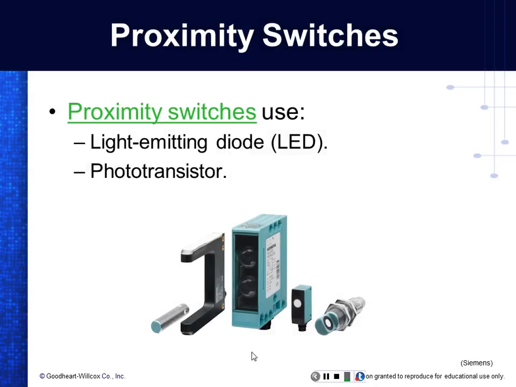Okay, proximity switches actually are going to use light. They use LEDs and photo transmitters, so you're trying to see if something's getting close. That's what proximity means. I know y'all have heard of the term in close proximity too. Well, a proximity switch is looking for something close to it. So if something gets close to it, it activates.